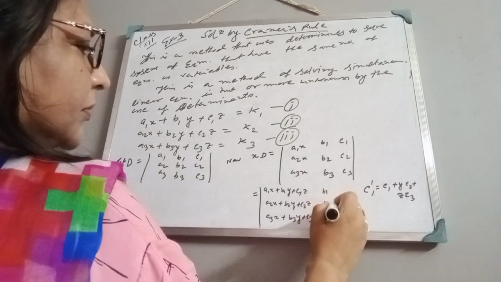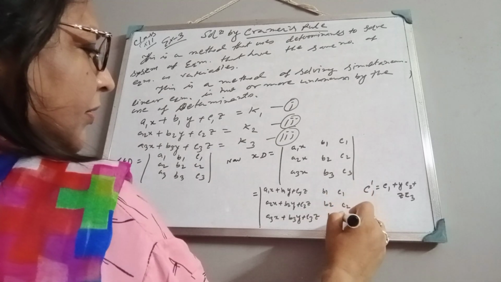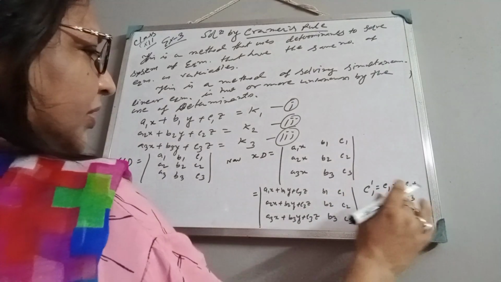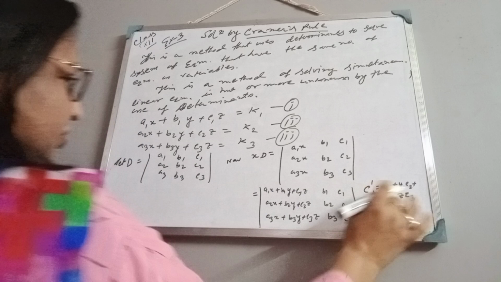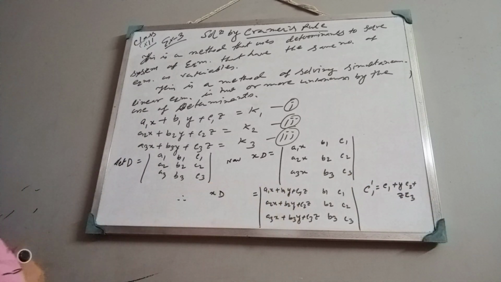Second column, b1, b2, b3. Now for this determinant only, the first column changed in this form. Therefore, xD is equal to this.